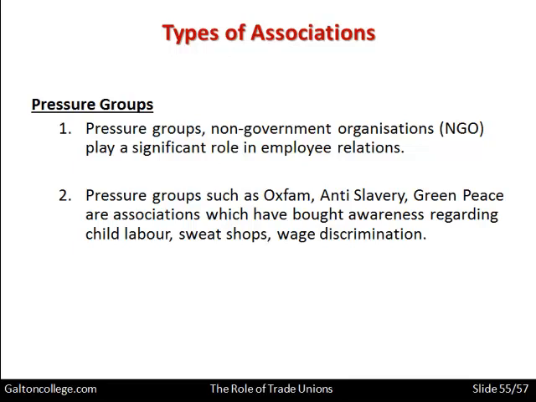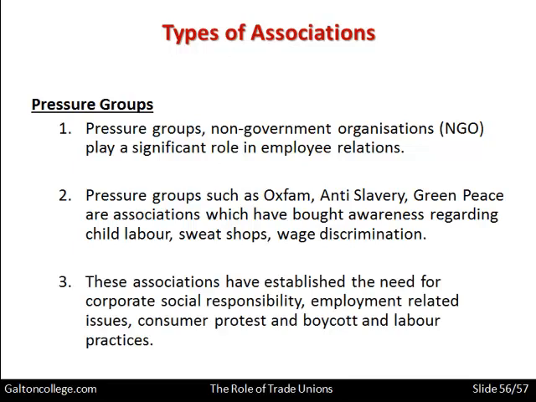Well, there is none. So pressure groups come into existence to try and bring fairness into the employment situation, to make people aware, make customers aware, make governments aware, make trade unions aware, make employers aware, make everyone aware that these situations exist.